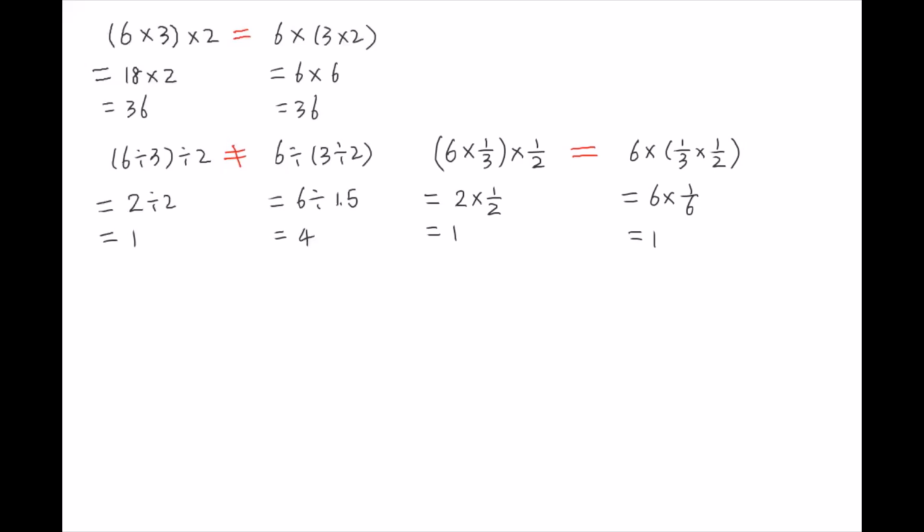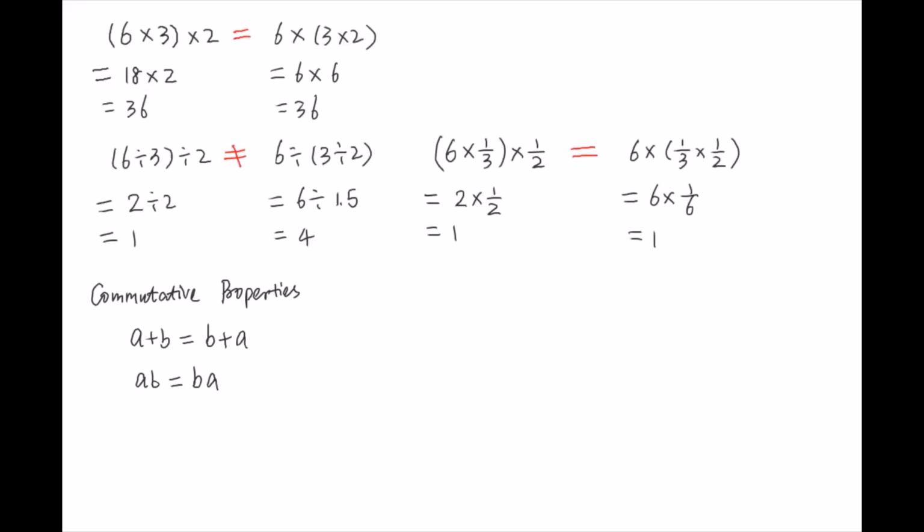Let's see the commutative properties. For all real numbers a and b, we have these two equations. For the addition or multiplication of any real numbers, interchanging the numbers does not affect the result.